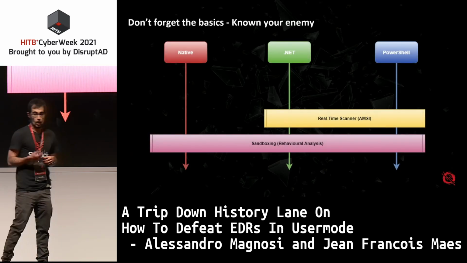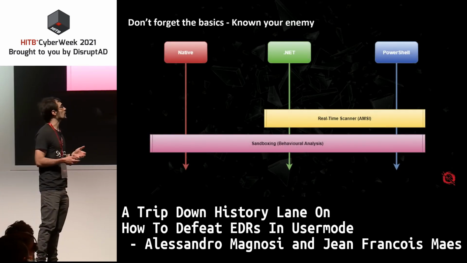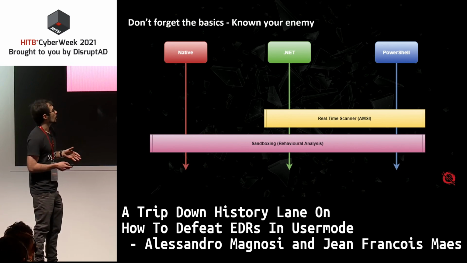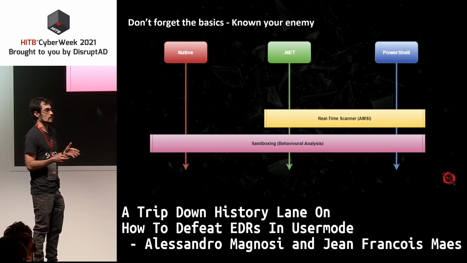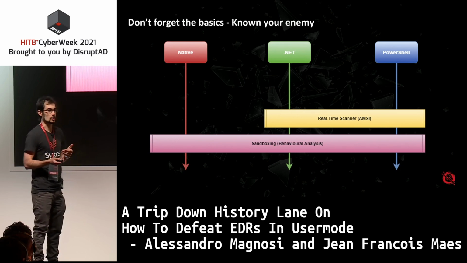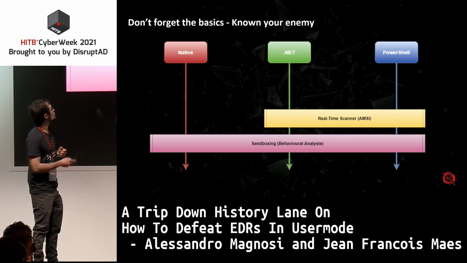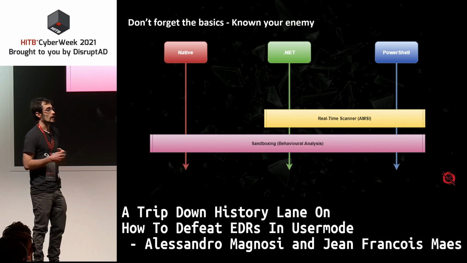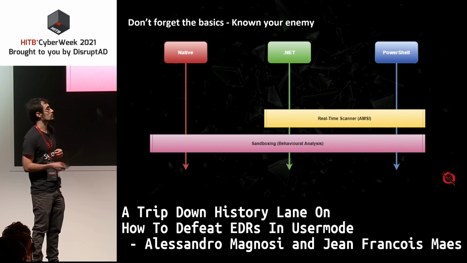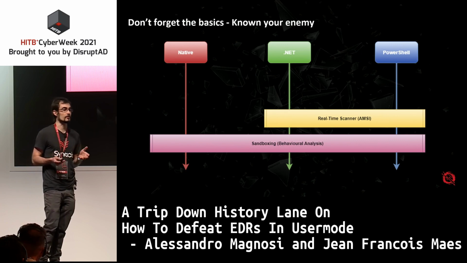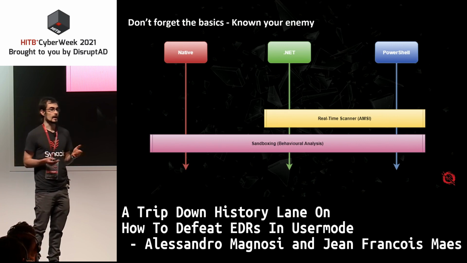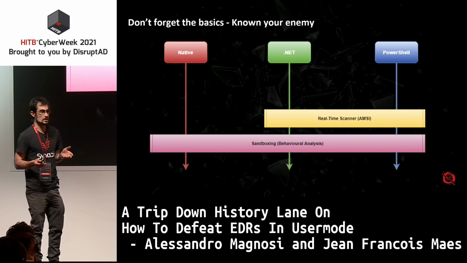So what we need to bypass when we are attacking a target depends on what language we are using to execute code. If I'm using .NET or PowerShell, I need to care about AMSI, because PowerShell has AMSI loaded by default: as soon as the PowerShell process is started, you have AMSI loaded.